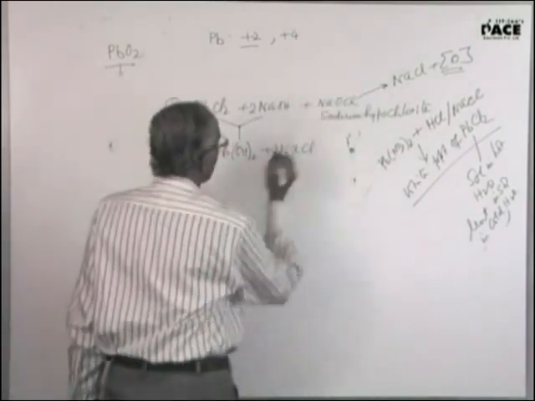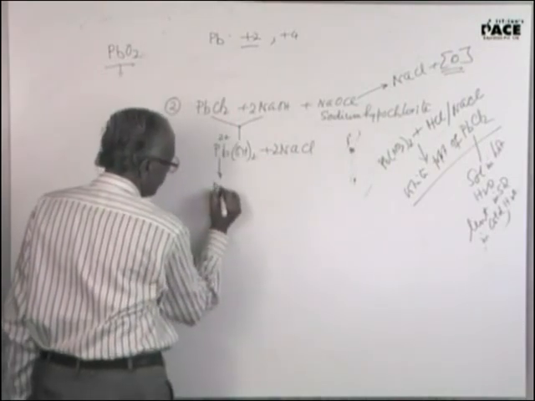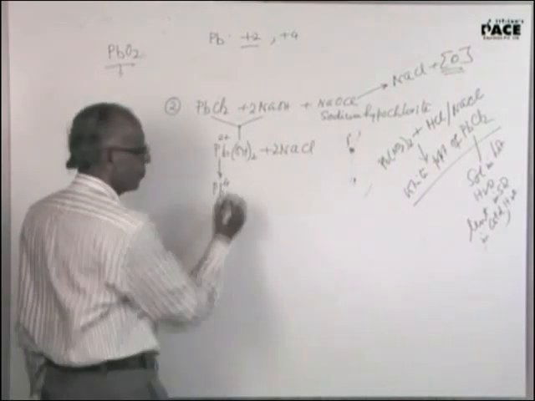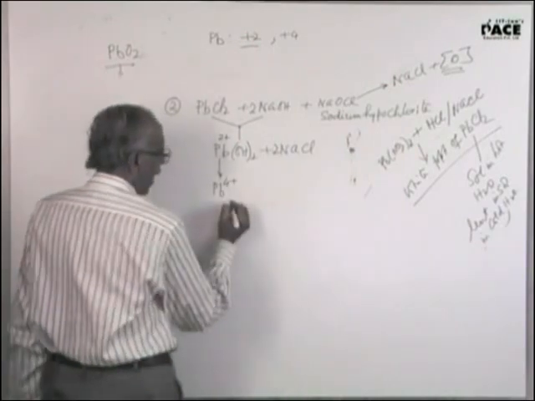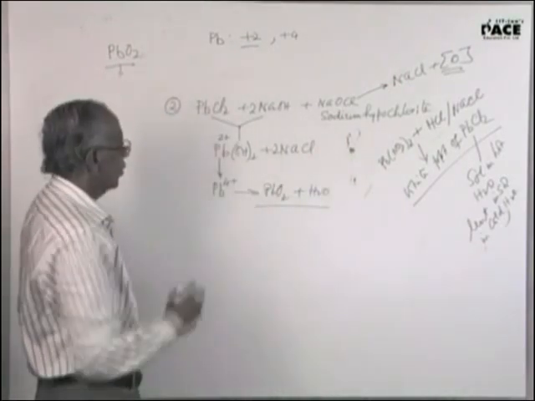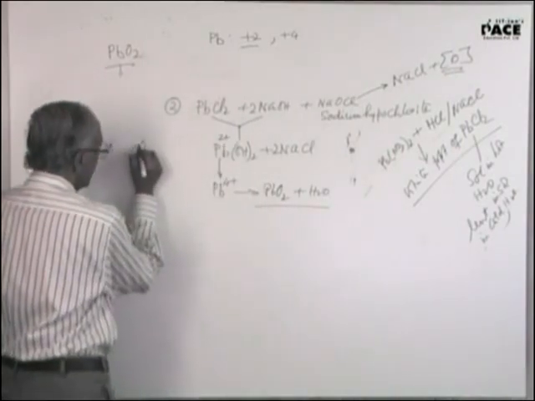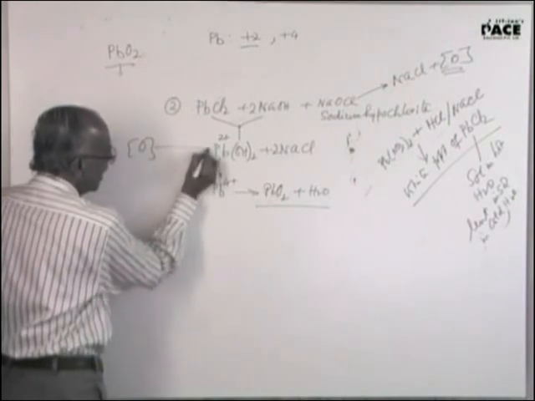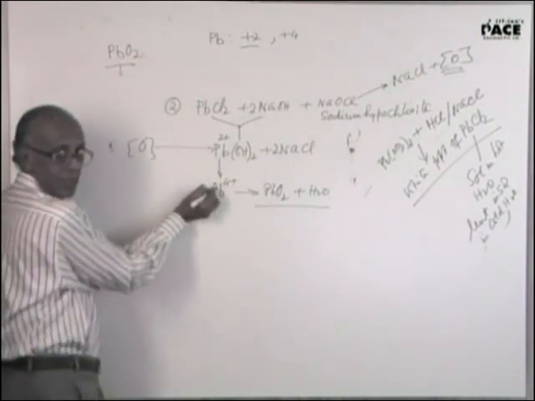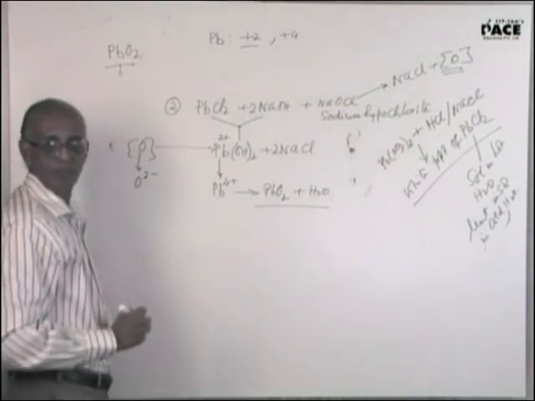Nascent oxygen oxidizes lead 2+ to lead 4+ and converts it into lead dioxide. So the nascent oxygen oxidizes lead 2+ to 4+, getting reduced to oxide ion.